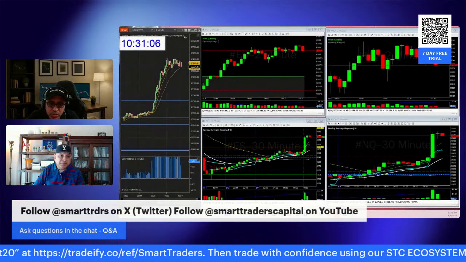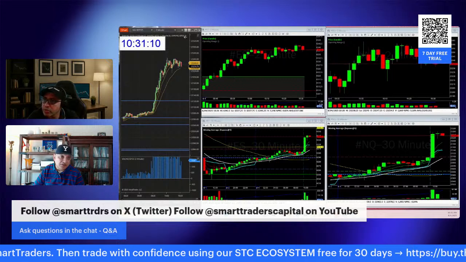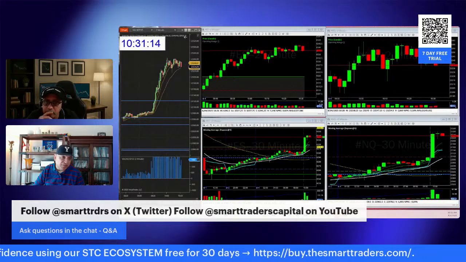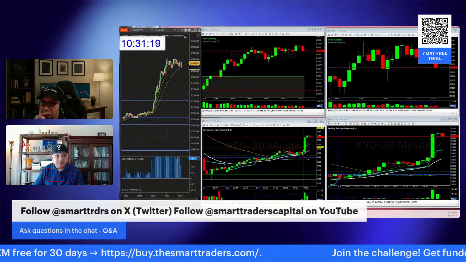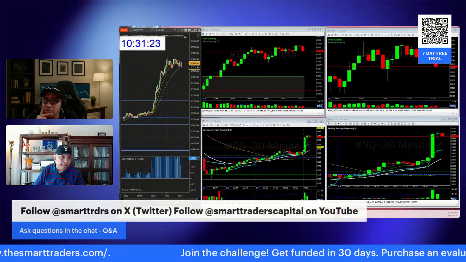335 and 225. NQ has gone below the 5 moving average on the 5 minute. It's still strong. I wanted to see both coming down.